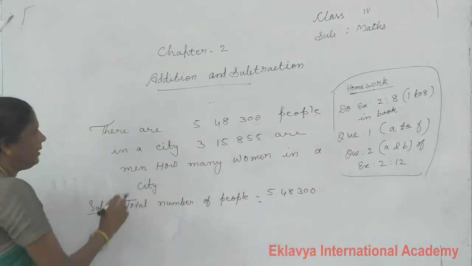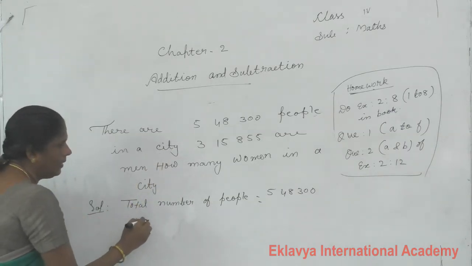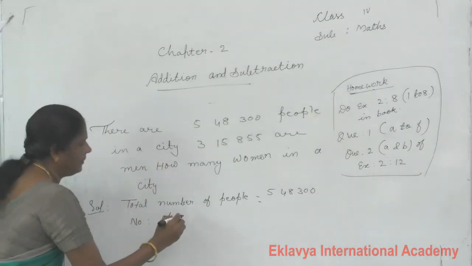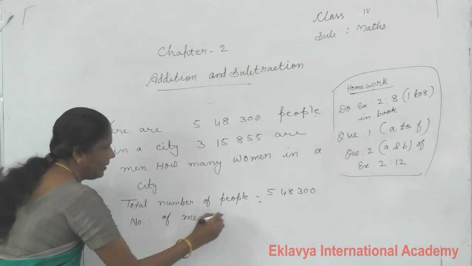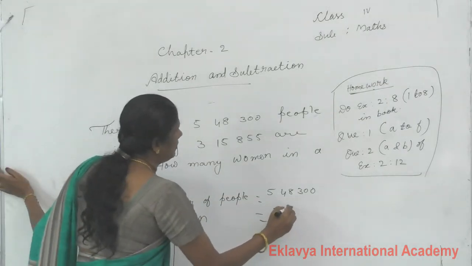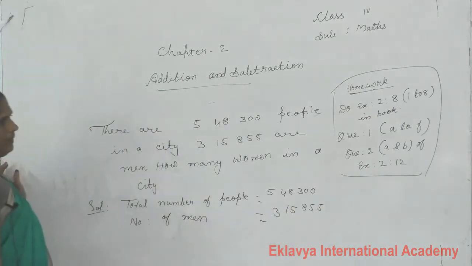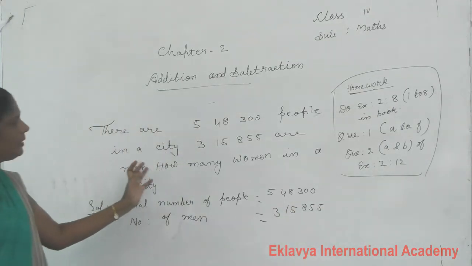Then number of men is equal to 3,15,855. Then what is asked in the question?